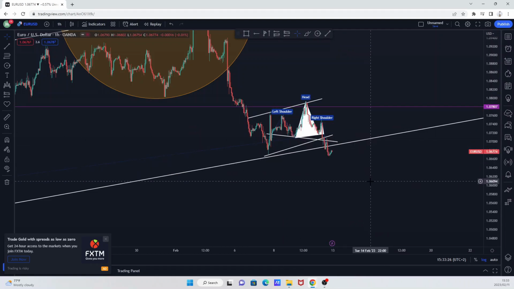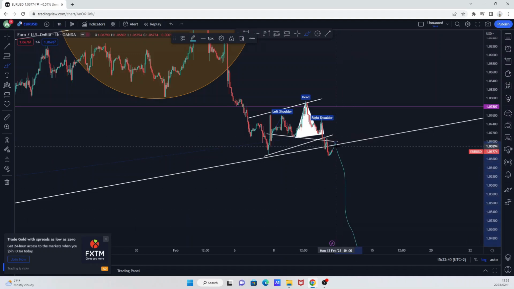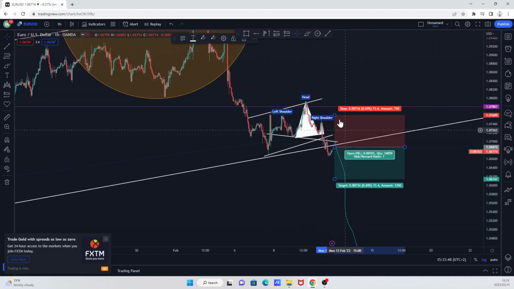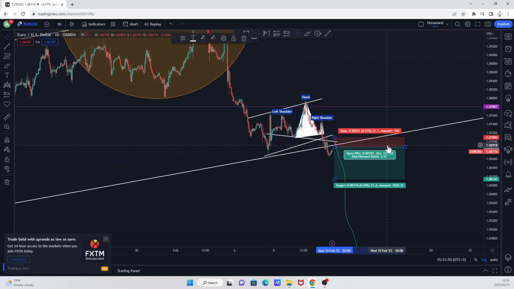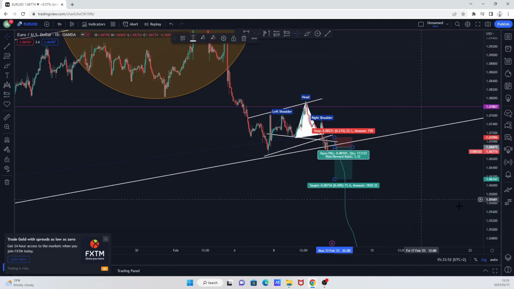What I would wait for is, because we're seeing a mini pullback here, I would wait for the market to pull back and test the neckline. After testing the neckline, I would wait for a continuation candle, a bearish momentum candle to the downside, and then I would enter on that bearish candle.